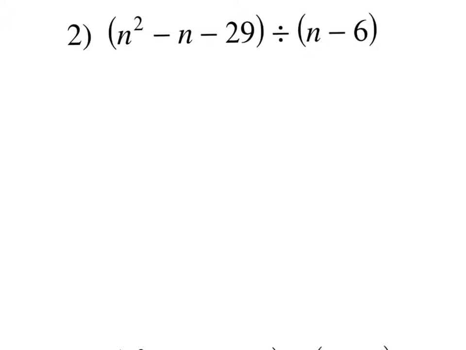So let's stick the n minus 6 right there. We multiply that out and you get n squared minus 6n after you distribute. I'm going to place that right underneath: n squared minus 6n.